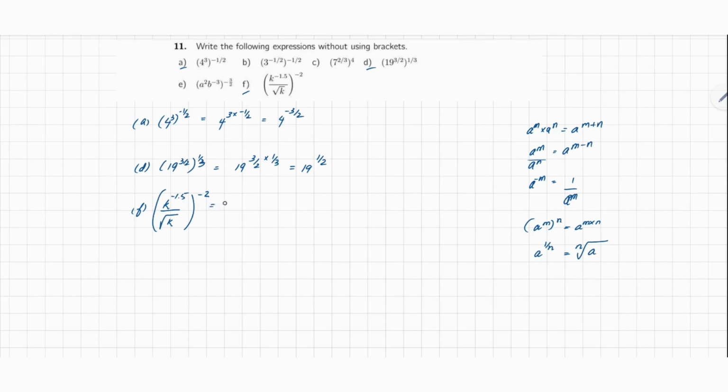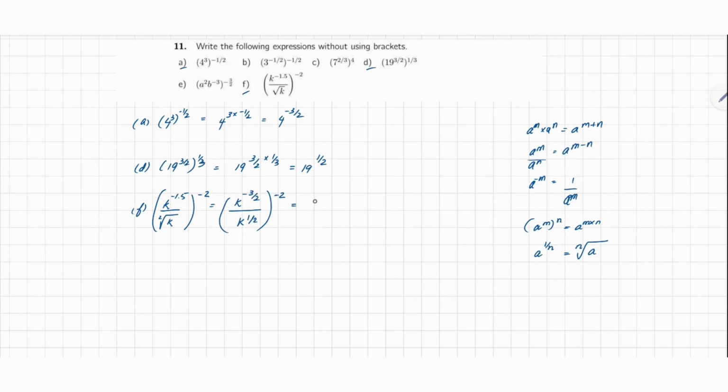We can write this as k raised to minus 3 over 2 over k to the power half, as this is the square root, raised to minus 2.